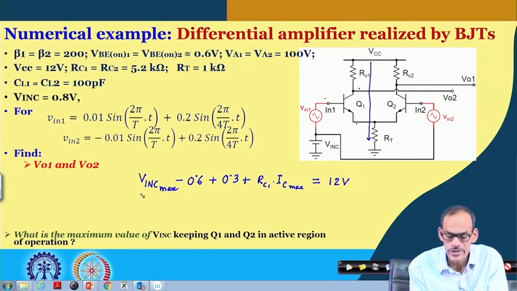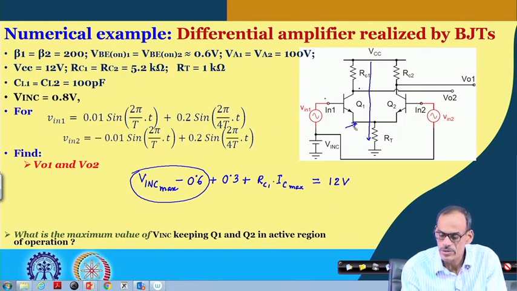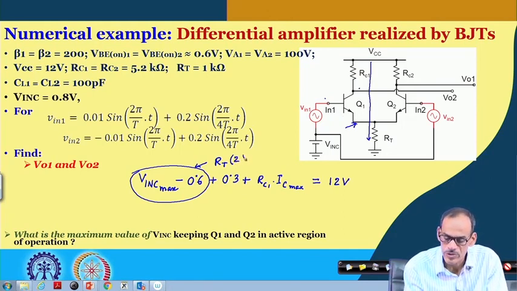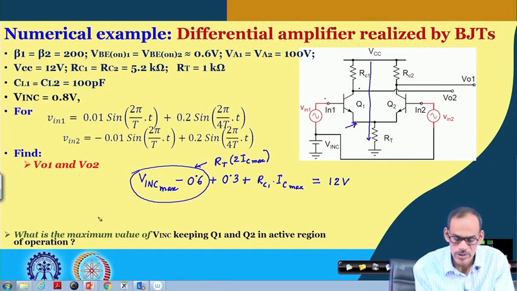In fact, if you consider this voltage in the limiting case, this is equal to the emitter maximum voltage, and this voltage it is RT multiplied by 2 times of whatever the collector current we do have, approximating that collector current and the emitter current, they are equal.